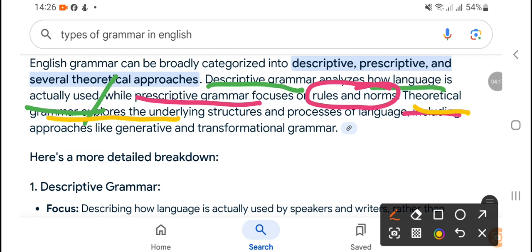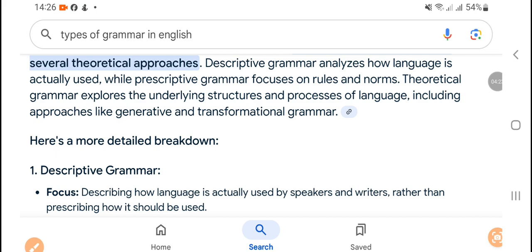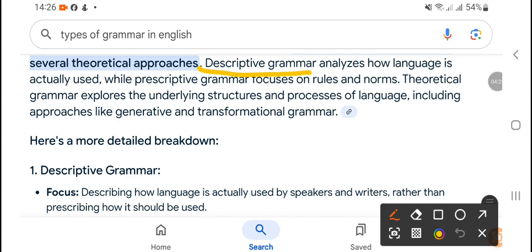So one by one, very slowly, first we have to understand what descriptive grammar is, right? Descriptive grammar analyzes how language is actually used. What rules and norms say is one thing, but how language is used, that is different.